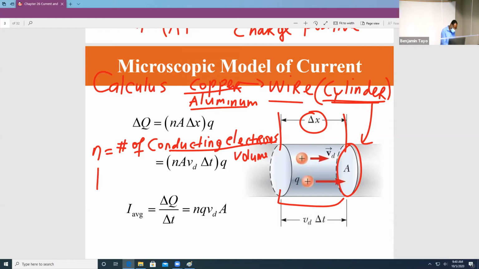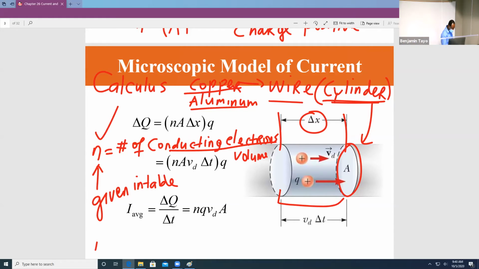This number is going to be given in the exam, given in the table. So that's the number that we know. This will be given in the problem for you. Again, N is the number of conducting electrons that I have per unit volume. I'll just give you some examples.